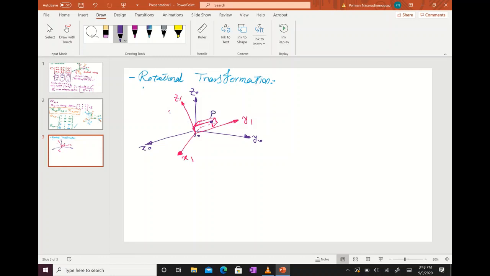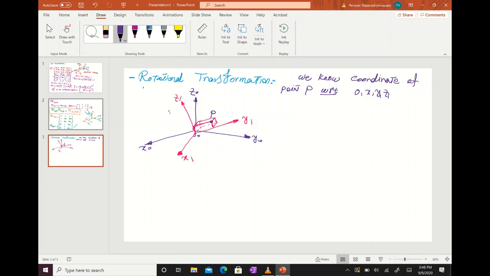So what's the problem? We know the coordinate of point P with respect to O1, X1, Y1, and Z1, the frame 1.